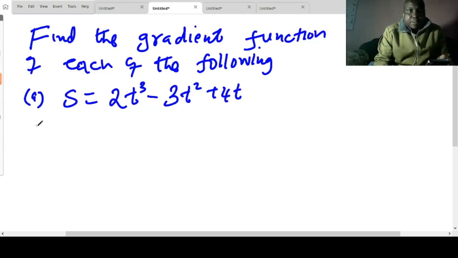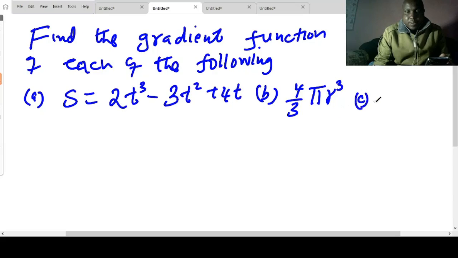And then number B, we have 4 over 3 pi r cubed. And then number C, we have A is equal to v squared minus 2v plus 10.